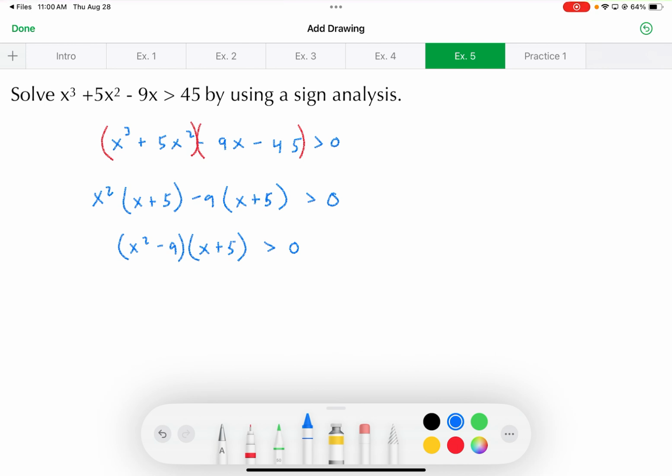Yeah, and then you can factor one more time to x plus 3, x minus 3, x plus 5 greater than 0. And now we've got our zeros, right? They're negative 3, 3, and negative 5.